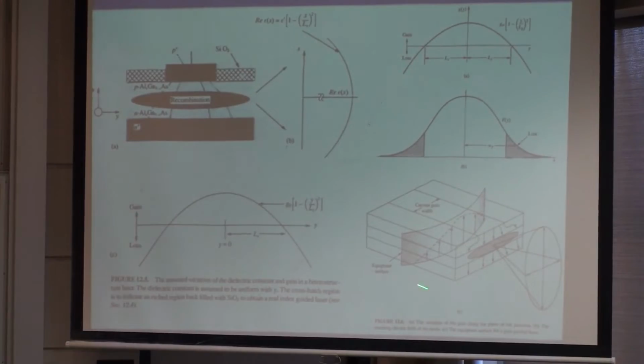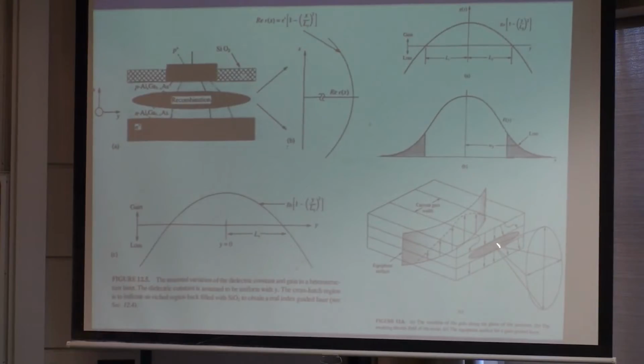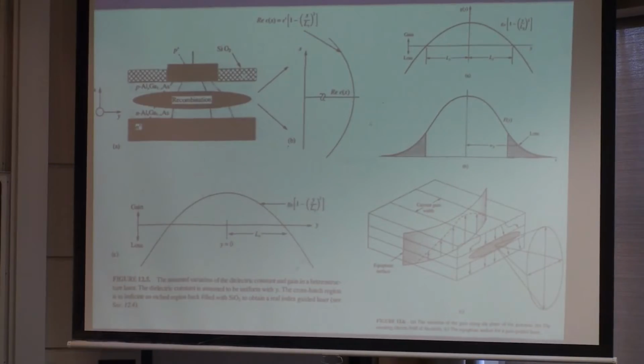So it's called the astigmatism of a semiconductor laser. Once you come out, the light spreads, because outside there is no dielectric waveguiding, so you spread out more in this direction because of the uncertainty principle. But essentially the curvature is due to this non-uniform gain profile.